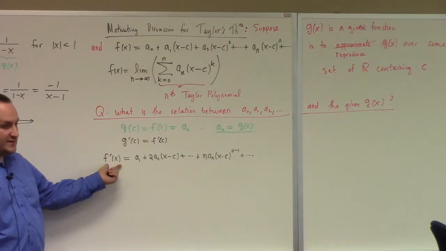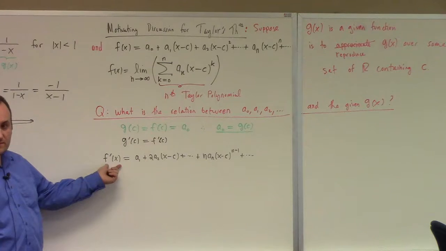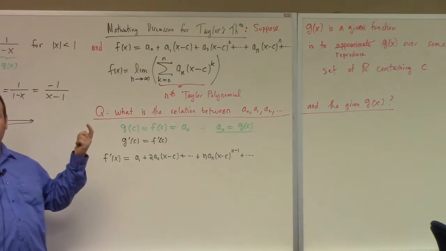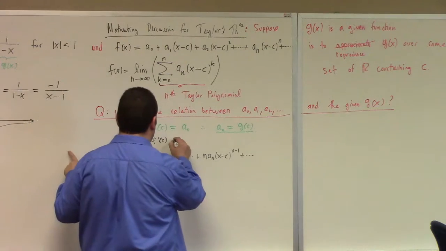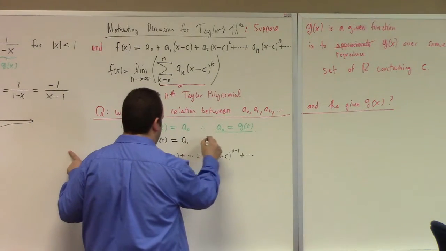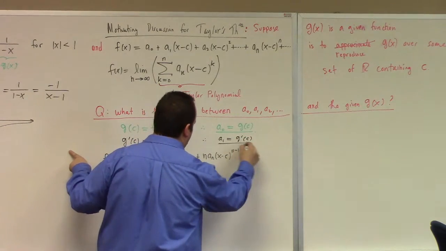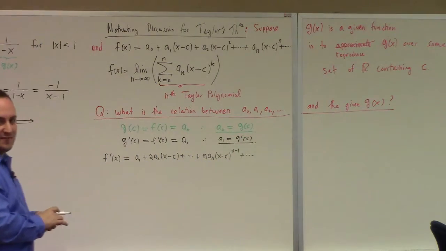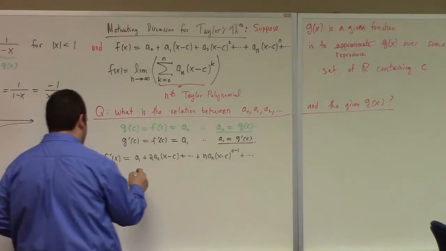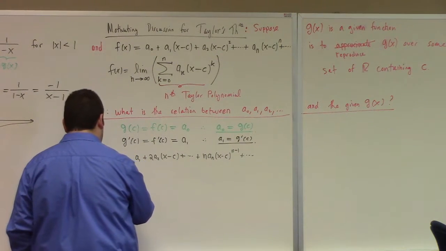Okay, so what happens when you plug in c to the derivative of the power series? a sub 1. So therefore, a sub 1 is equal to g prime of c. Don't get the wrong impression here. What happens when we look at f double prime of x?